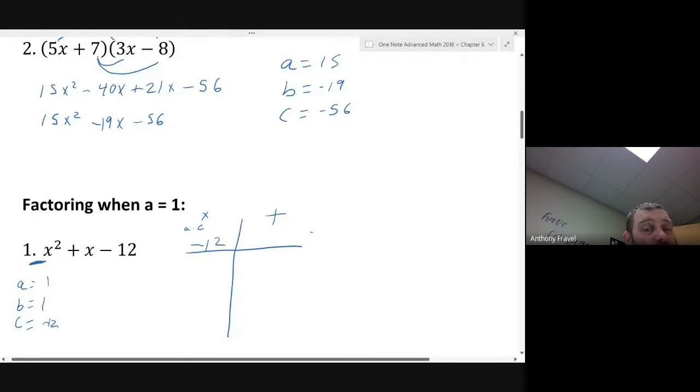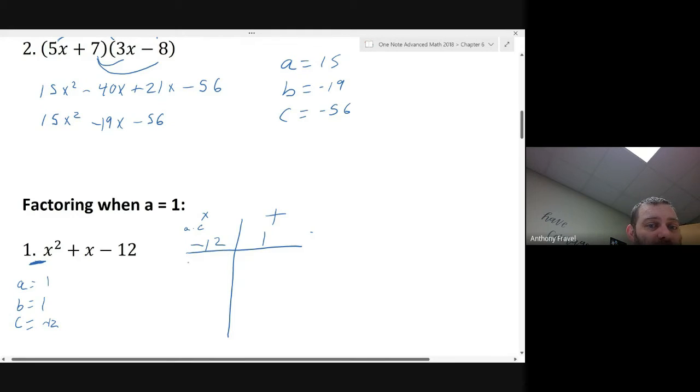I need to find two numbers that are going to multiply together to get negative 12. And then on the other side where I have this plus sign, I need numbers that will add up to a positive 1. So this one turns a little bit more into, I'm not going to say guess and check, but you get the idea. I'm going to choose two numbers that I can multiply together to get negative 12.